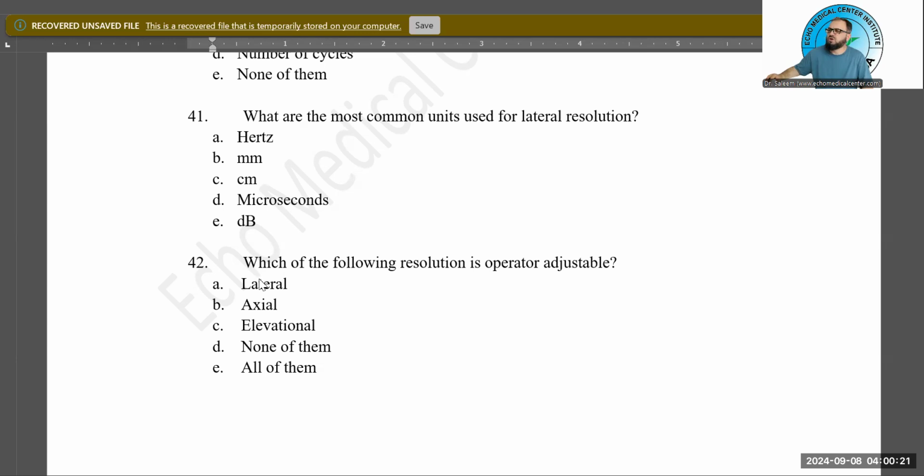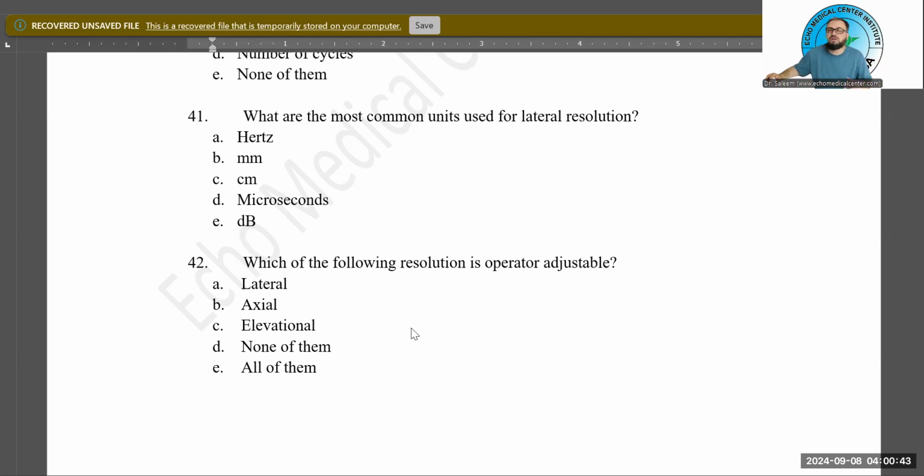Okay, next question. Which of the following resolution is operator adjustable? Meaning you who is scanning, the person who is taking pictures, if that is adjustable by that person, if it's a doctor or technologist or anybody. So is it lateral resolution, axial resolution, elevational resolution, none of the above, or all of them?